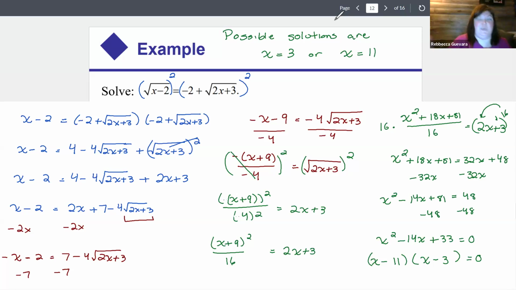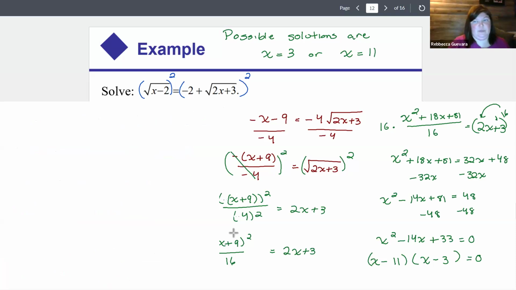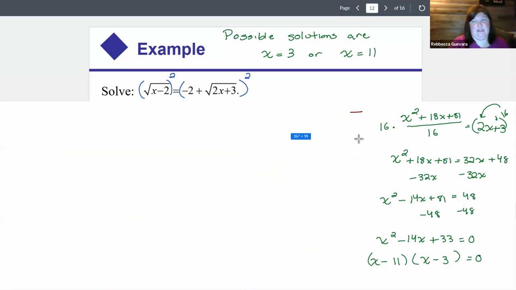So we know what the next step is. We just have to check those two solutions. So we'll make some room over here and do some checking.